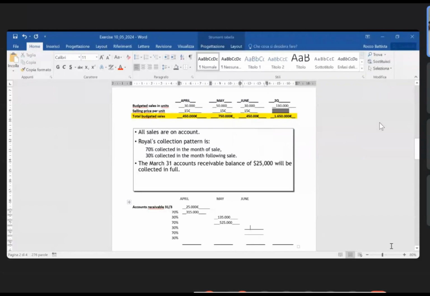So let's start with the 30% of May. It's 225,000. Okay, very good. And the 70% of June would be the same as April, 315,000. Very good. Thank you.